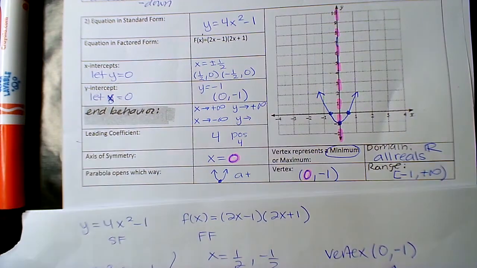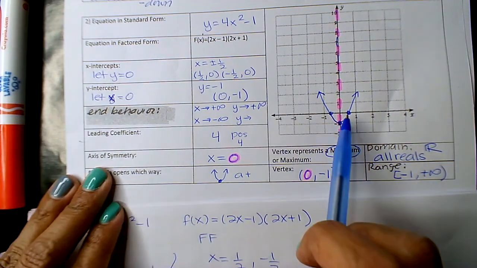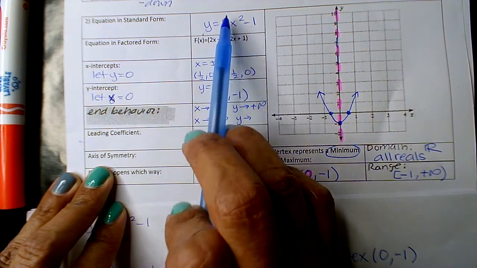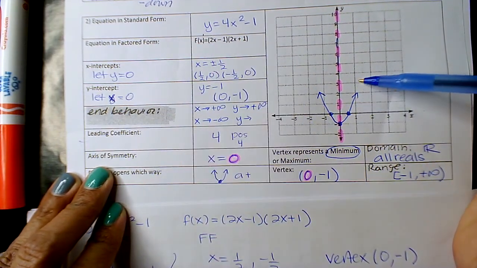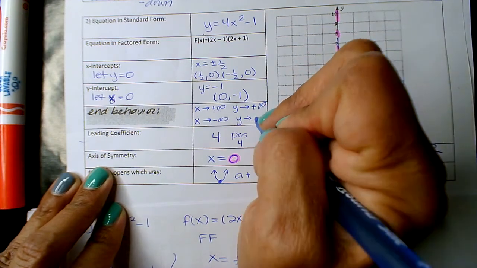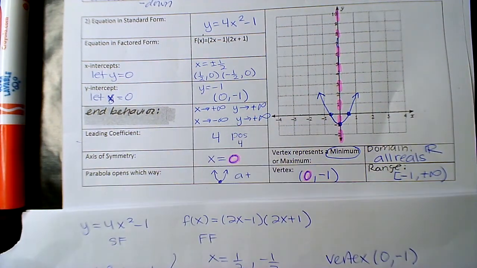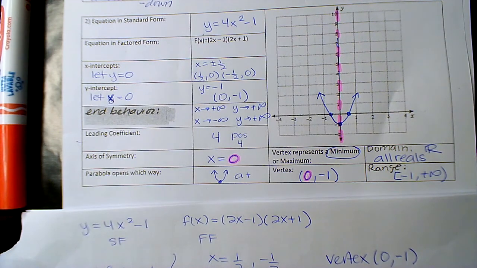And they're always the same for parabolas. So as more positive x values get substituted into either of these two equations, you're still going to end up with a larger positive y value. And so if it's concave up, if the x's are approaching positive or negative infinity, the y values are moving to positive infinity. If it opened downward, it would be at negative infinity because the parabola is going downward.